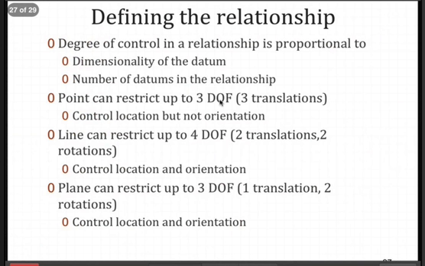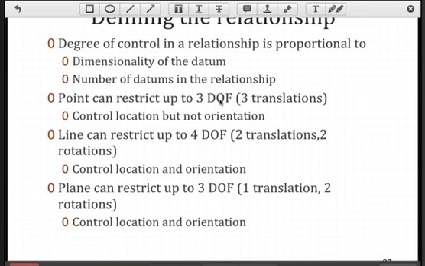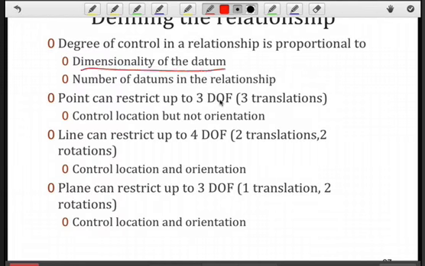Okay, so when we think about defining this relationship, it's really the degree to which we're going to control it. And that has to do with, first of all, the dimensionality of the datum, as we've seen in previous examples in restricting degrees of freedom, and how many datums we'll use to describe the relationship.